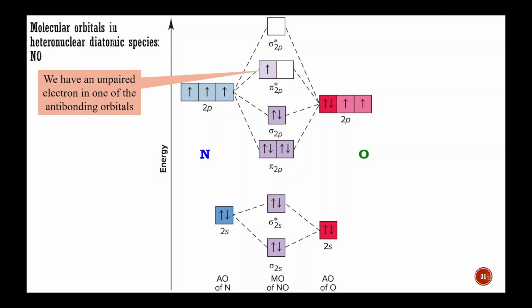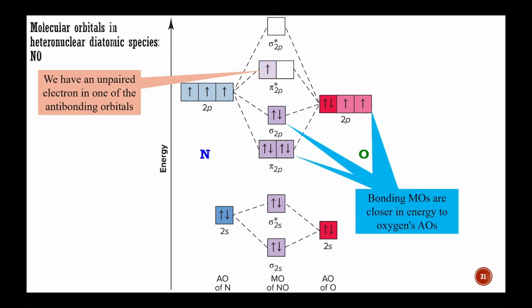It should be noted that when atomic orbitals of different energies interact to form molecular orbitals, the lower energy atomic orbital contributes more to the bonding molecular orbital, and the higher energy atomic orbital contributes more to the antibonding molecular orbital.